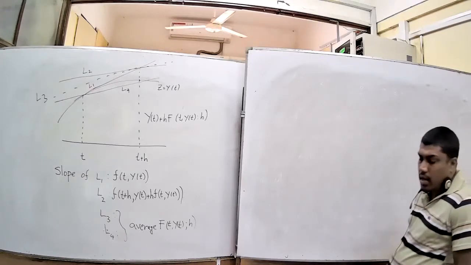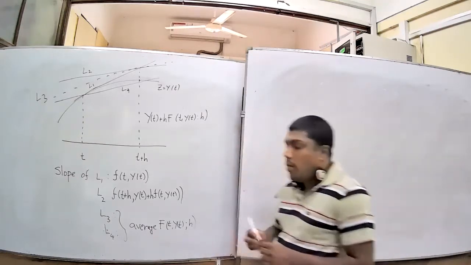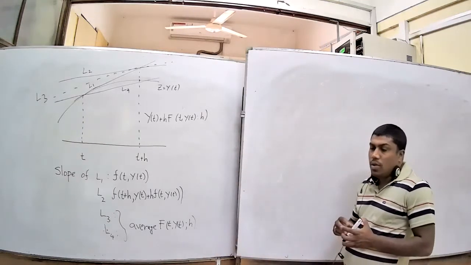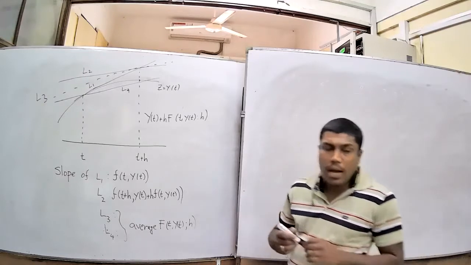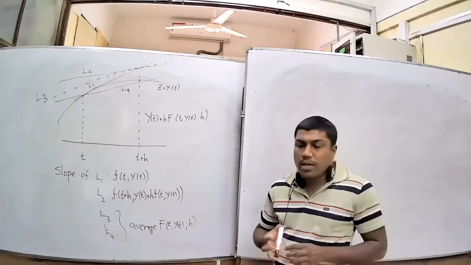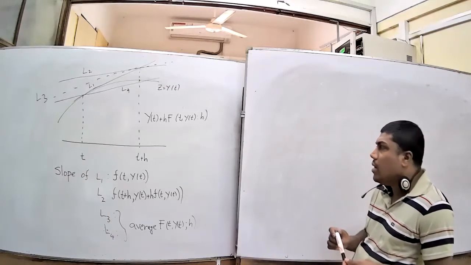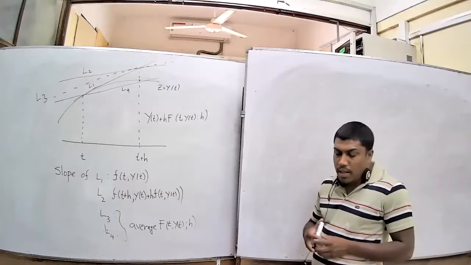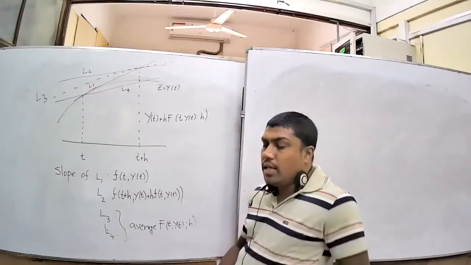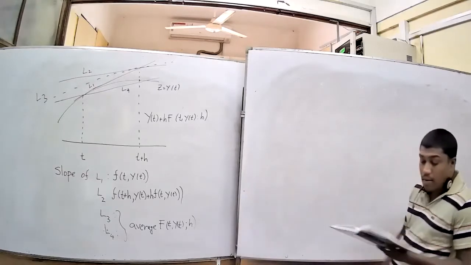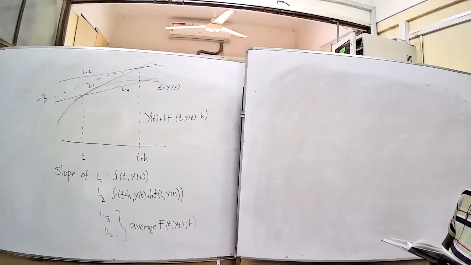That is how we develop the Runge-Kutta method from Taylor's expansion. In Taylor's expansion we approximated the derivatives in terms of the right hand side function. Here in the Runge-Kutta method we approximate it with an average function.